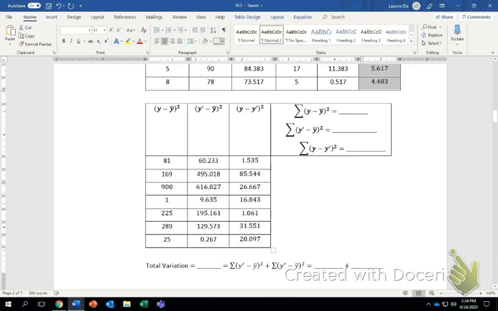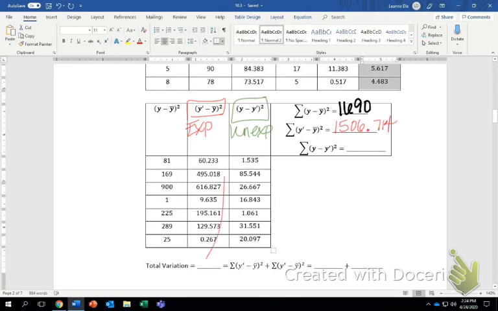Our explained information is again from here. This is our explained, and this is our unexplained. All right, so I'm just showing you that all these pieces, I'm going to add downward and get all of my answers, hopefully. My total should be 1,690. My explained is going to be 1,506.714.